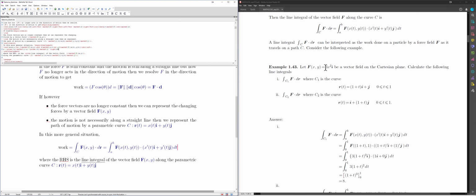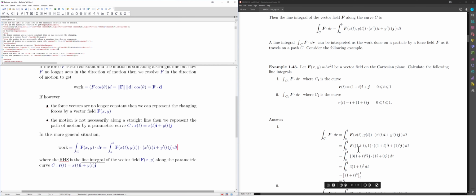That's all I need to do. When I put in 1 plus t, I'm going to get 1 plus t squared. So the 3x squared, when you put in x of t for x, which means that you put in 1 plus t for the x, you're going to get 3 times 1 plus t squared.